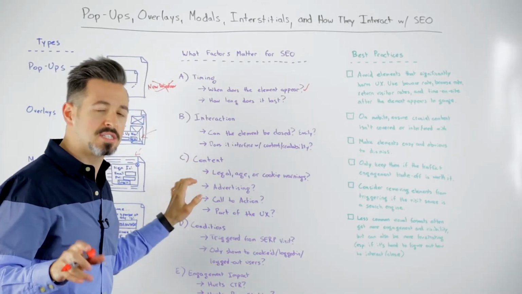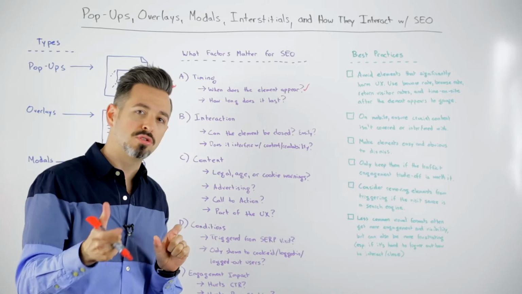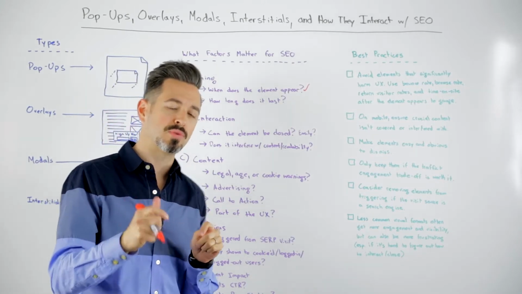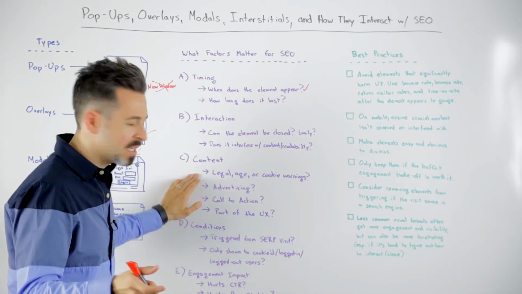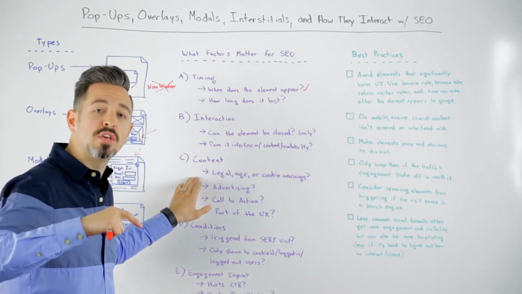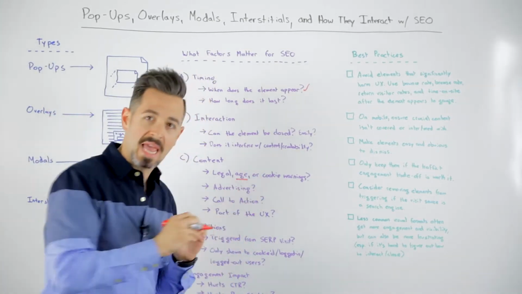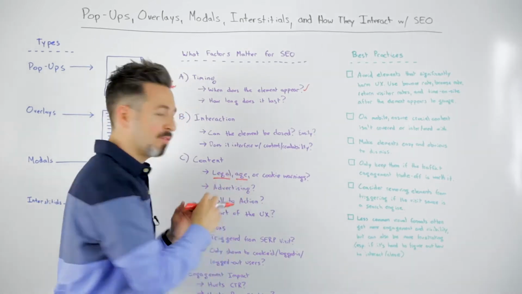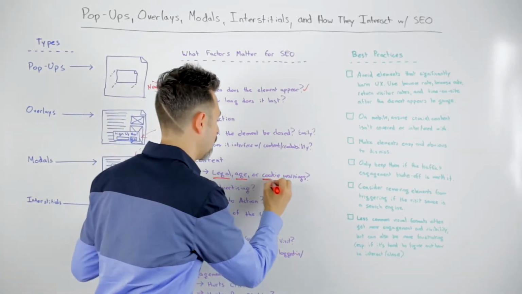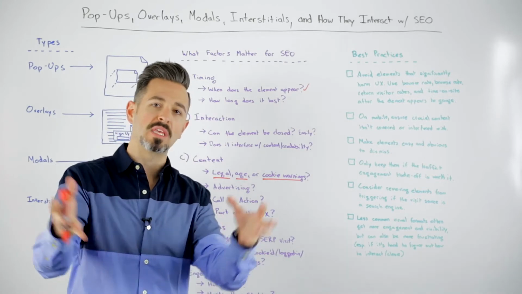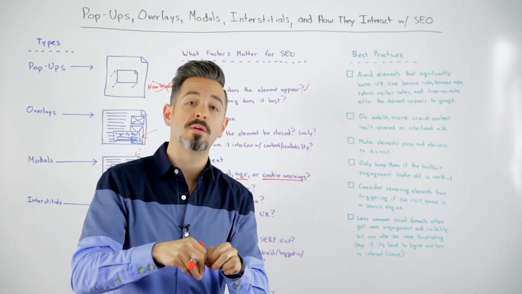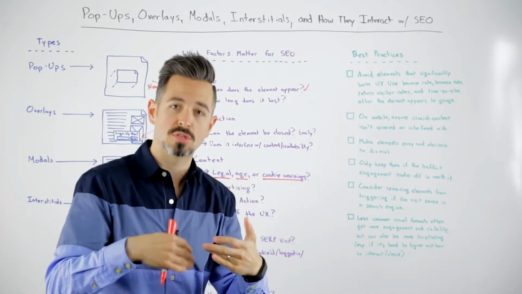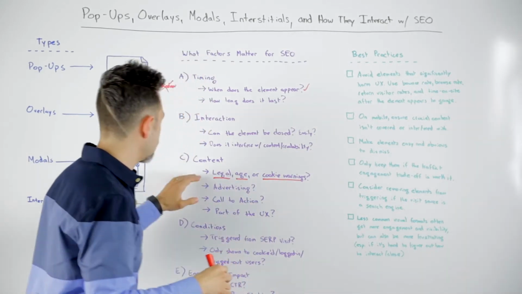And then content. So there's an exception or an exclusion to a lot of Google's rules around this, which is if you have an element that is essentially asking for the user's age, or asking for some form of legal consent, or giving a warning about cookies, which is very popular in the EU, of course, and the UK because of the legal requirements around saying, hey, this website uses cookies and you have to agree to it, those kinds of things.